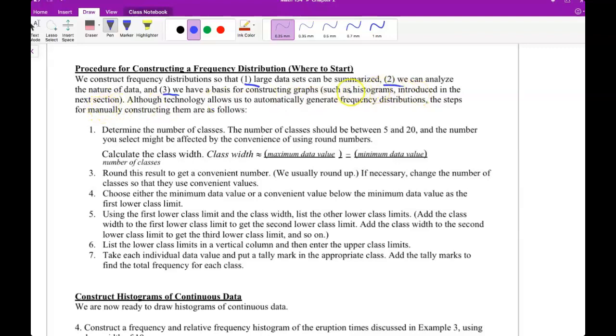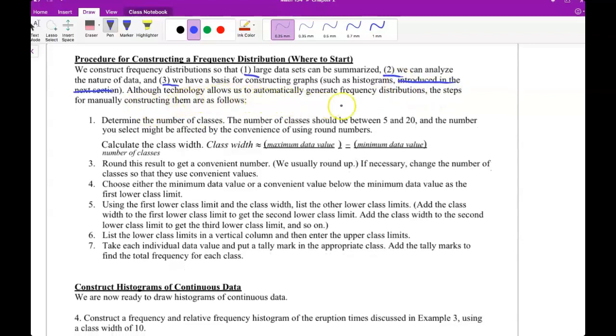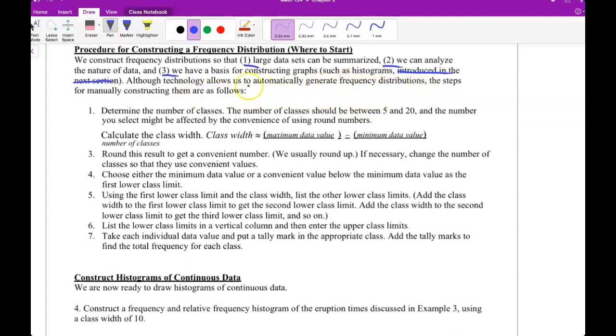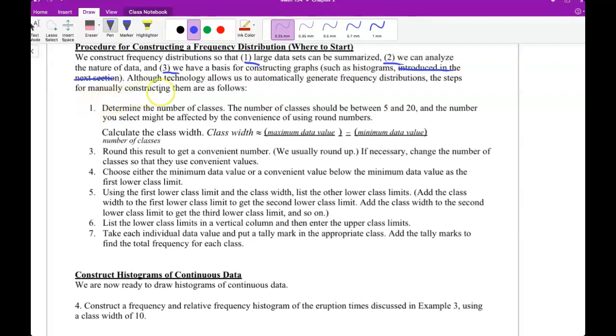We already had this one here, so disregard that one. Also, we can use technology. So here are our steps for constructing. The first one, determine the number of classes.